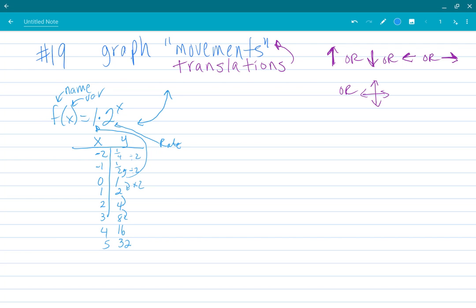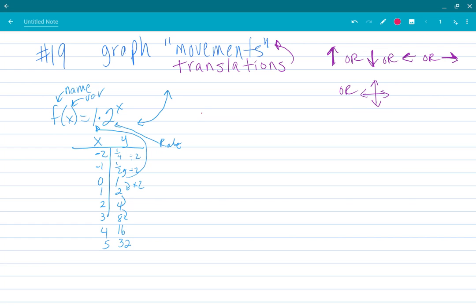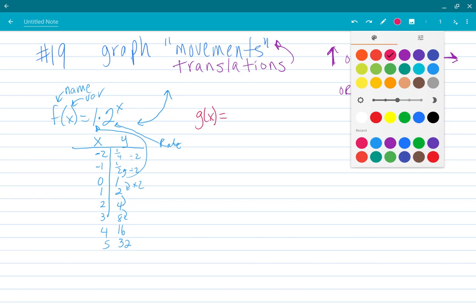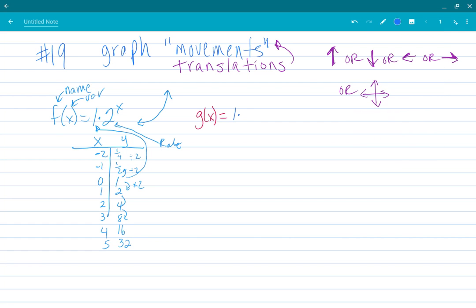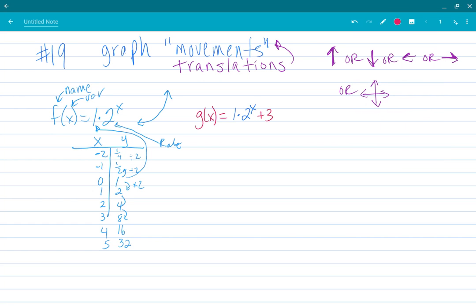Okay. And so what about its cousin? Its cousin G, right? G of x says, yo, I'm going to do the same thing that you do. I'm going to go in blue because I'm going to copy you, right? But I'm going to add 3. So what's in blue is the same as F, right?